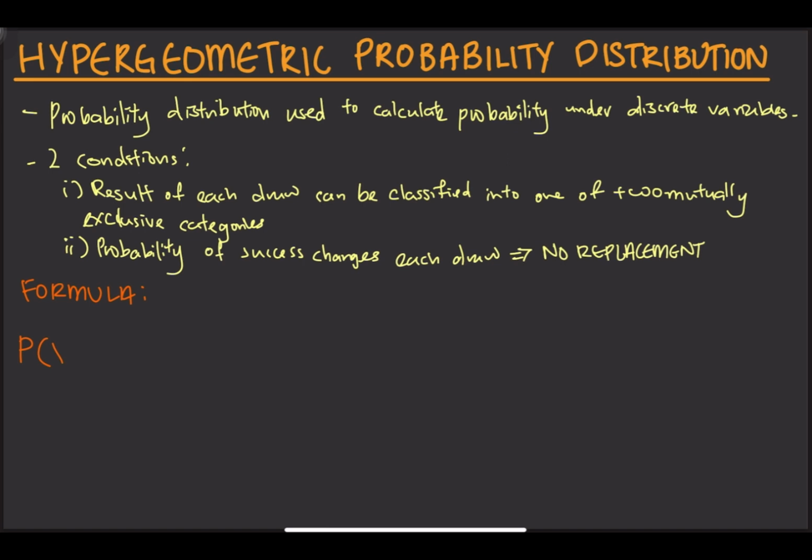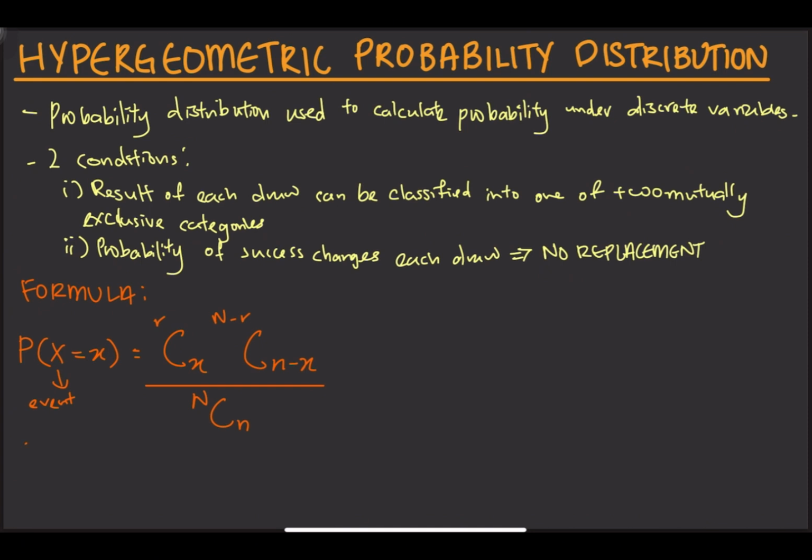First, the probability of X equal to a certain number, X being the event of something, equals R, which is the number of successes in the population, choose x, using combinatorics, the number of successes in the n trial, times N minus R, which is the total number of elements in the population minus the number of successes in the population, choose n minus x, which is the number of trials minus our number of successes in n trials, divided by capital N choose n.